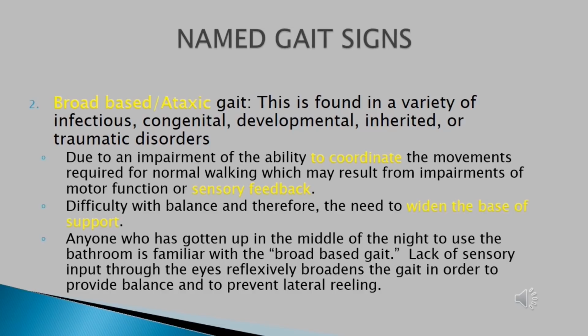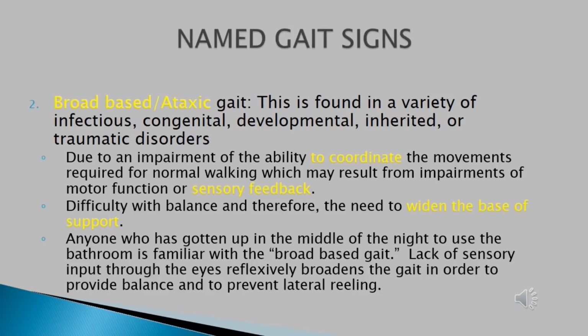So imagine a person who, for example, has numb feet due to either central nervous system disorders such as cervical myelopathy, or even a peripheral nervous system disorder such as diabetic neuropathy. A person who has numb feet has impaired sensory feedback from the feet.